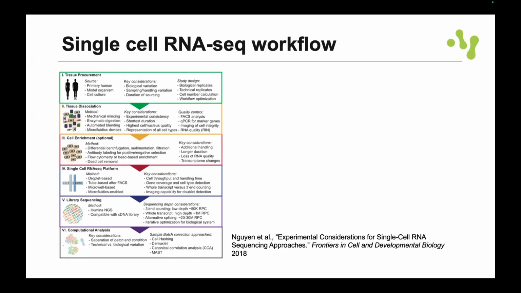The single cell workflow. It starts with selecting what species you are working with. Are you working on humans? Do you have a cell line? Maybe you have an animal model, and that will influence how you design your study. How can you prepare your sample, and how do you collect the samples?